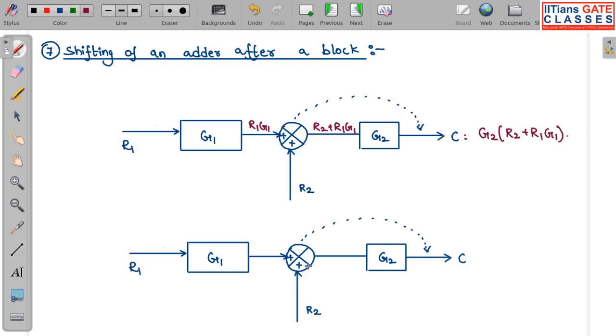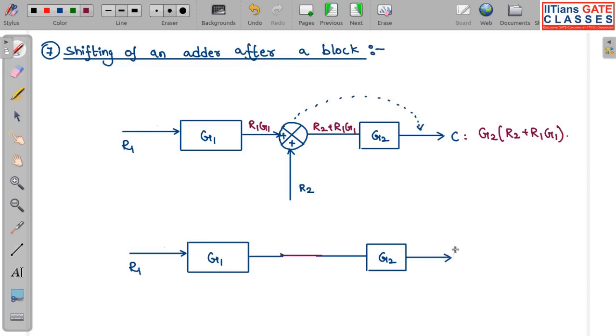Now simply if I want to take this block ahead, let me join this.